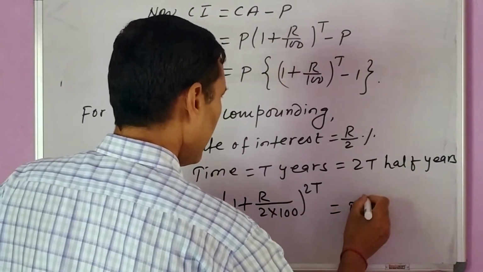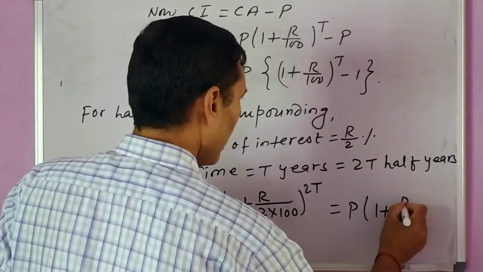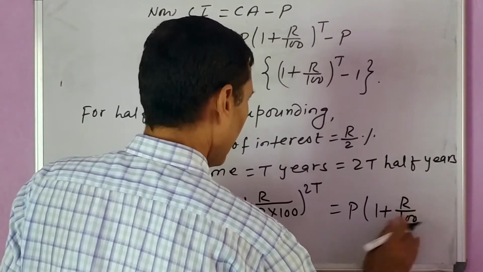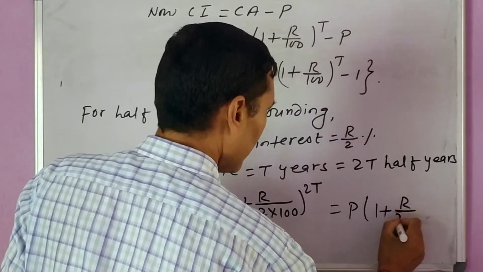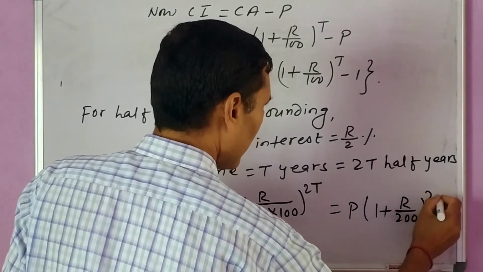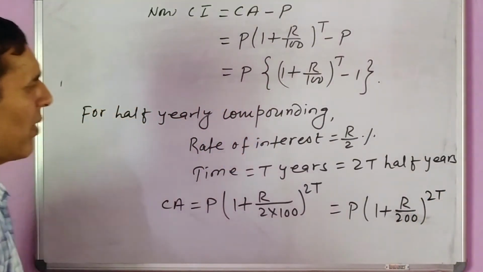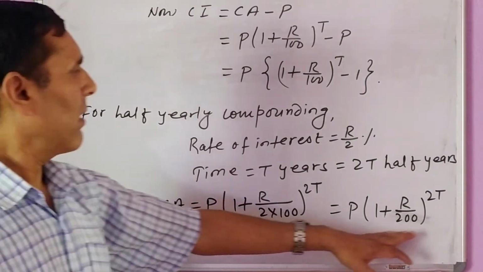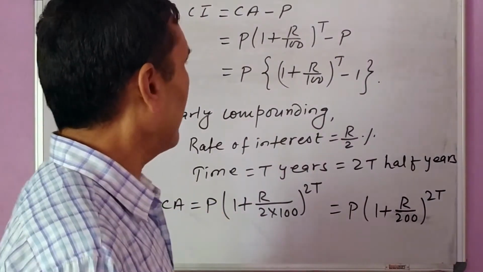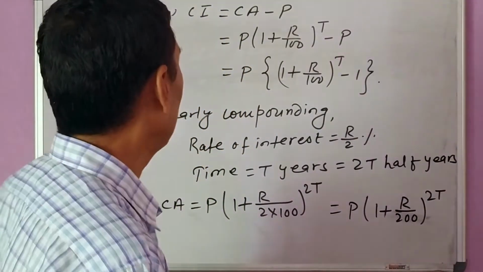That means P times 1 plus R upon 200 to the power 2T. So by this formula we can calculate the compound amount for half yearly compounding.